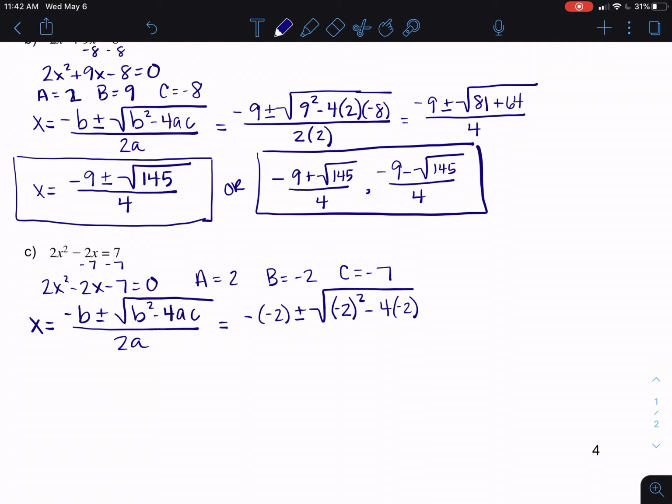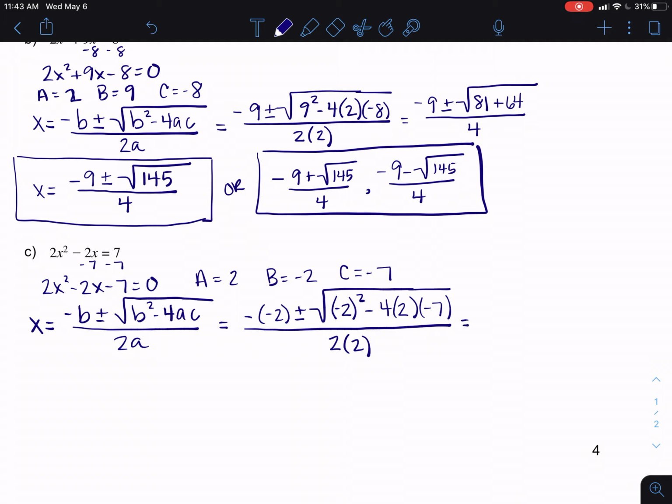Oops, sorry. That was wrong. How about times positive 2, because that's our a value, times negative 7. All over 2a, so 2 times 2.